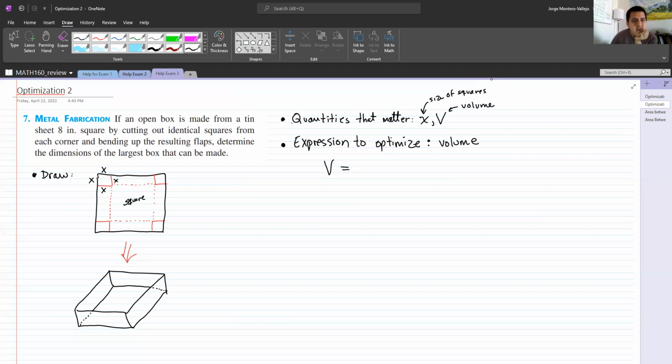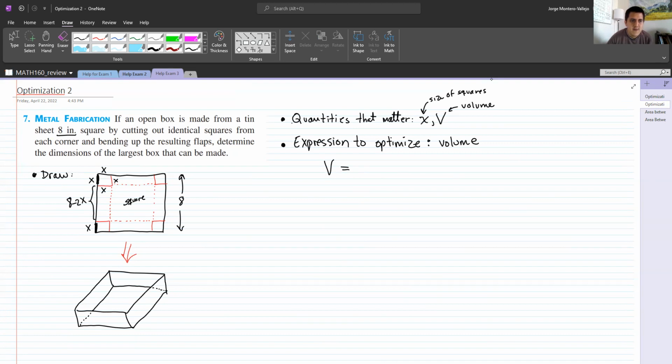Okay, so if we remove x here and remove x here also, remember that this square has dimensions 8 by 8. Right? So if you remove x here, and the entire side has length 8, then what's left here has dimensions 8 minus 2x.